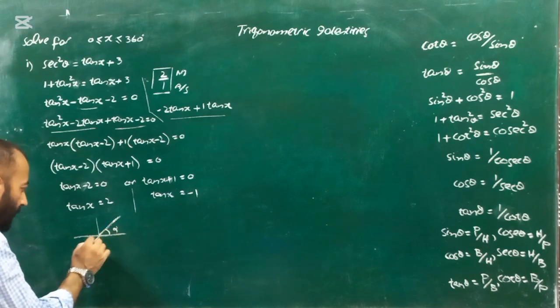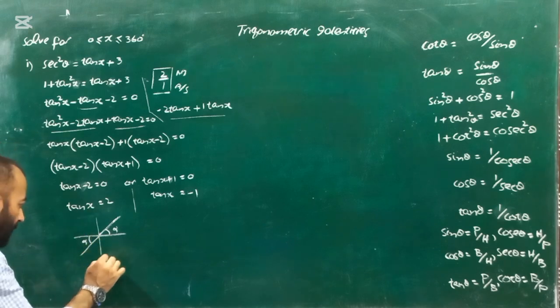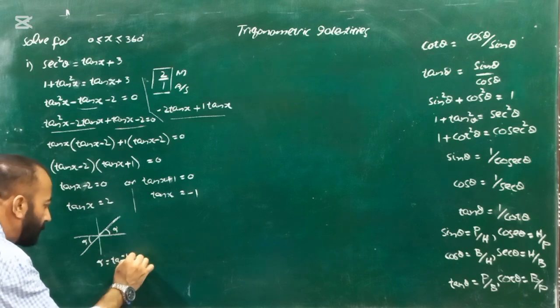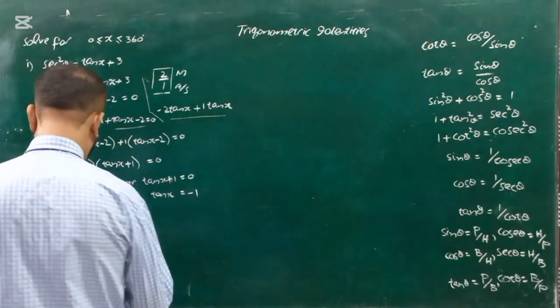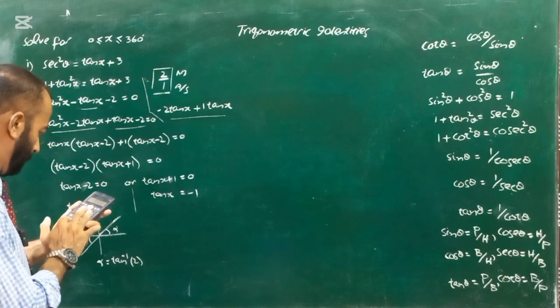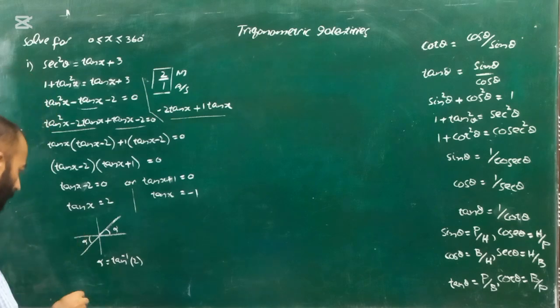So here is the basic angle, and the basic angle will be equal to tan inverse 2. So tan inverse 2 is equal to 63.43.